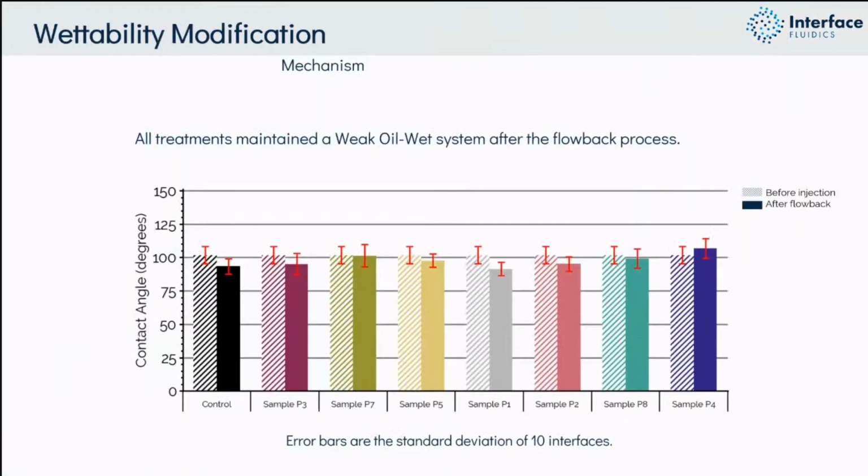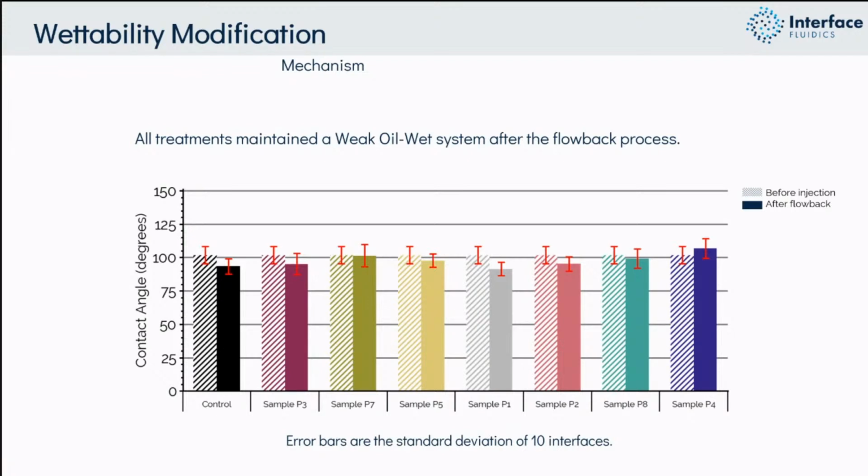And lastly is the wettability modification. All these experiments were run at initial weak oil wet conditions. The initial contact angle that we made after modifying the surface condition was around 100 degrees.